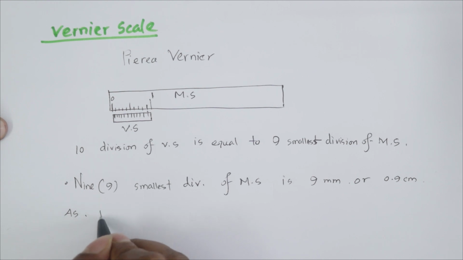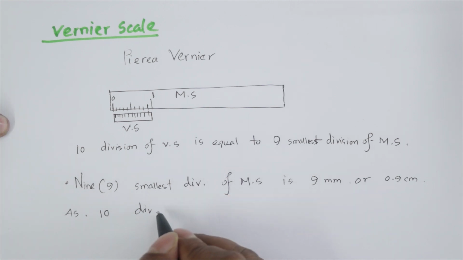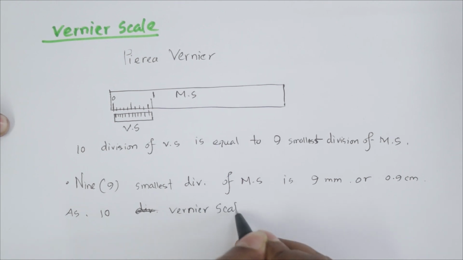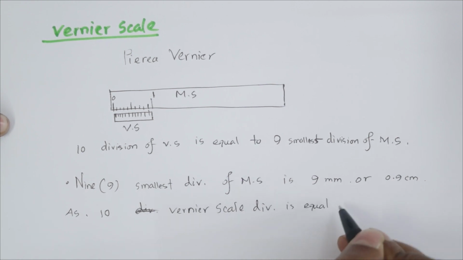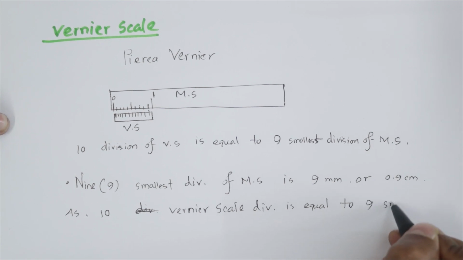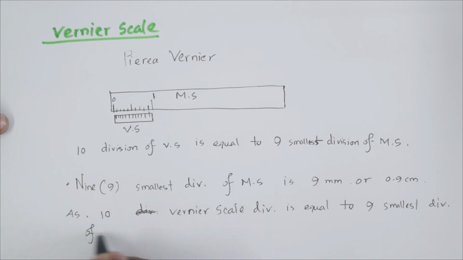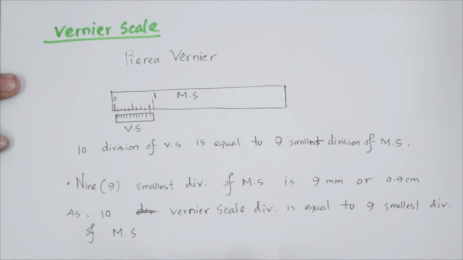So 10 vernier scale divisions equal 9 smallest divisions of the main scale. So a vernier scale division is slightly smaller than the smallest division of the main scale.